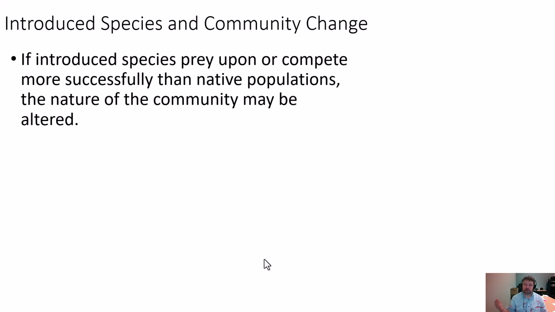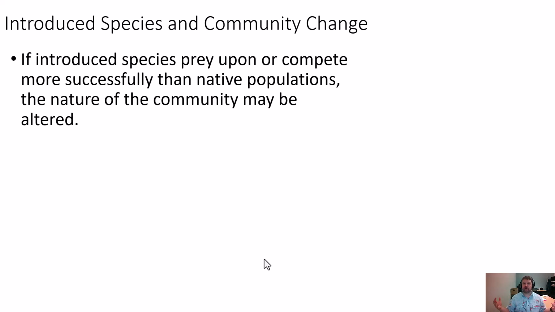We take one species from a different region and drop it into a new region, and let's say that that introduced species is more suited for the current environment, is better at competing, maybe it's larger, maybe it has more distinct properties that allow it to compete, maybe it's toxic, poisonous, maybe it occurs in higher numbers, maybe it can withstand different pH, different temperature, different turbidity.